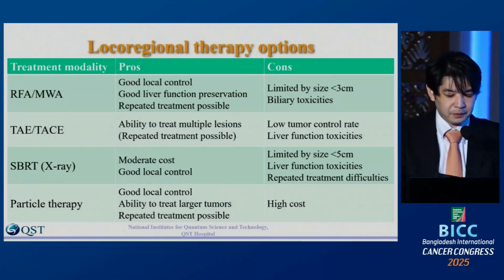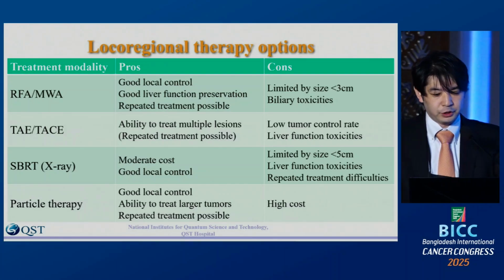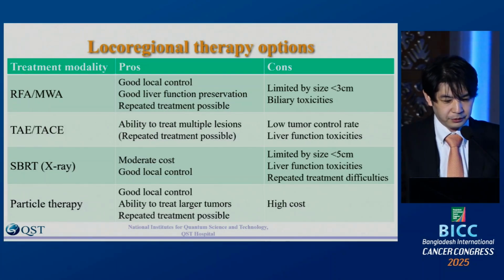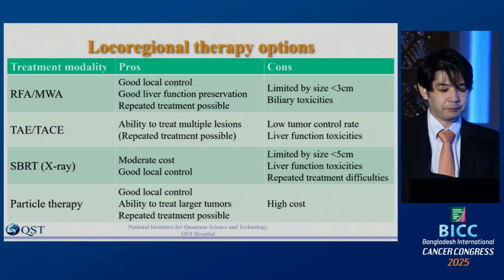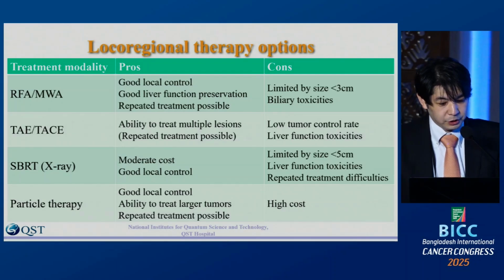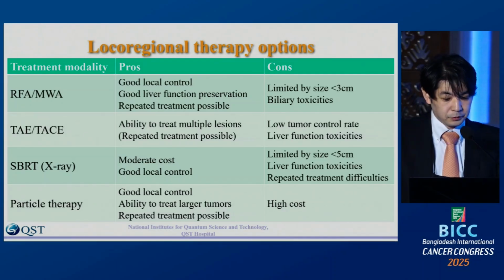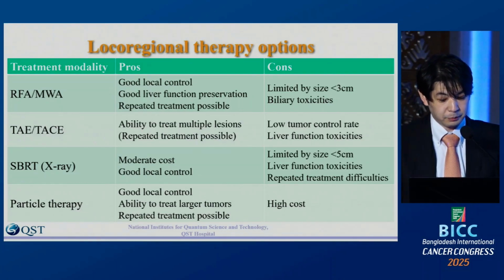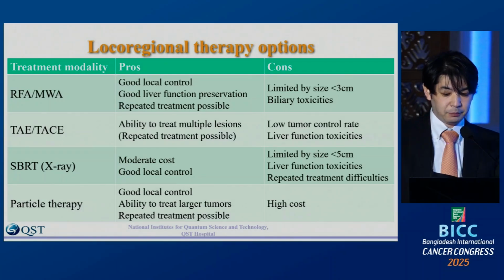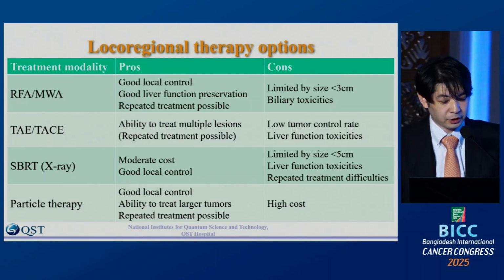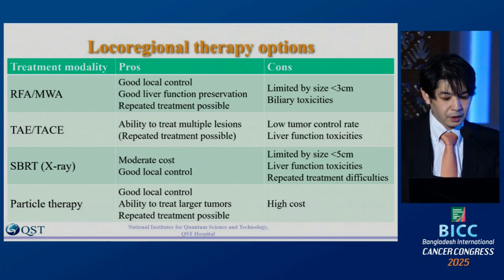So we have a couple of local regional therapy options. Of course, surgery being the gold standard. Other than that will be RFA and MWA, which have very good local control, emerged in the 1990s, with good liver function preservation, and repeated treatment is possible, but they are limited by size, and biliary toxicities will be an issue.